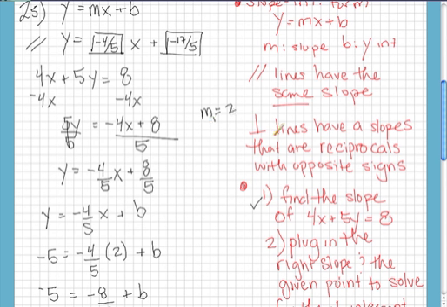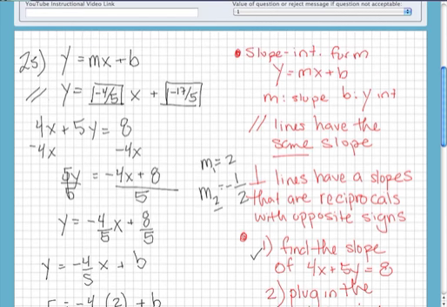Then if you have a line perpendicular to a line with this slope, the perpendicular line, let's call it our second line, is going to have a slope that is the reciprocal. That means we're going to flip this upside down and then give it the opposite sign. Since this one is positive, this one will be negative. If this one were negative, this one would be positive.